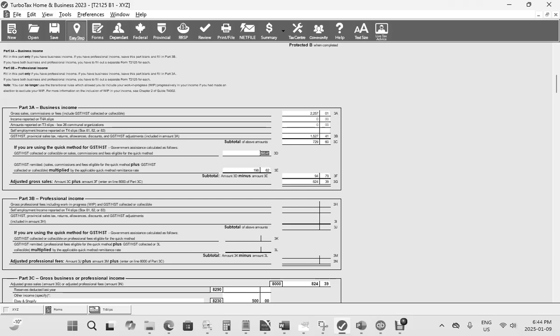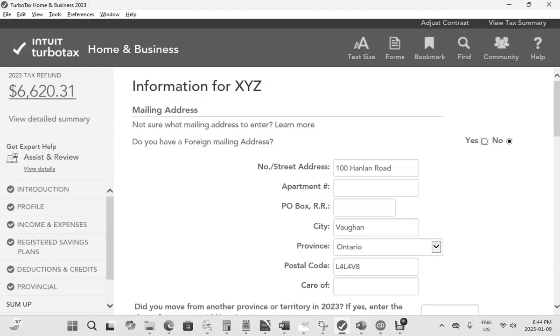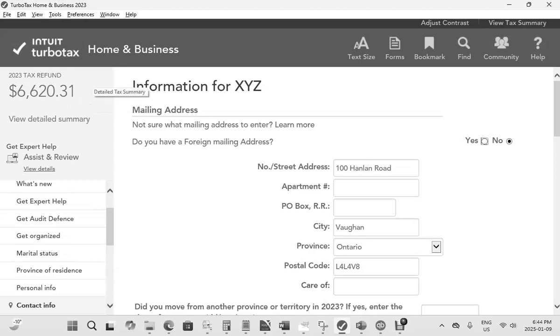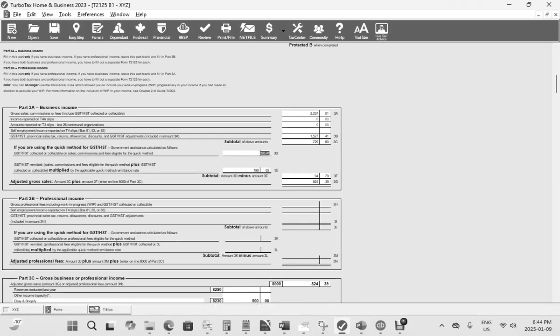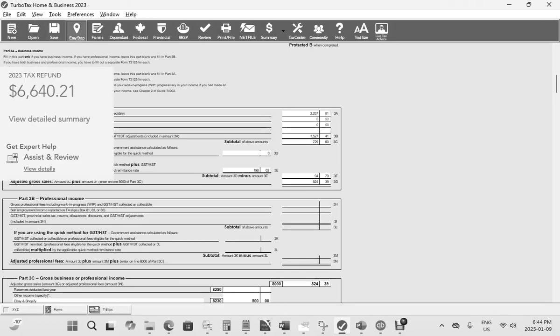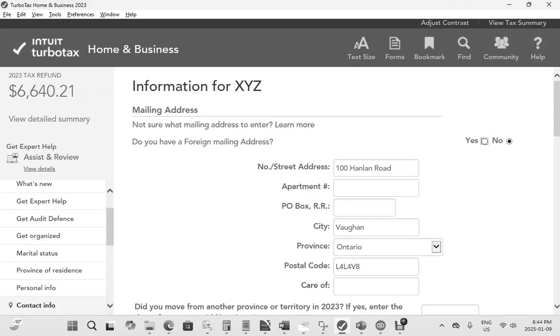So notice the tax refund is $6,620.31 for the time being. However, if I was to change this amount over here to zero, notice the tax refund, it went up.